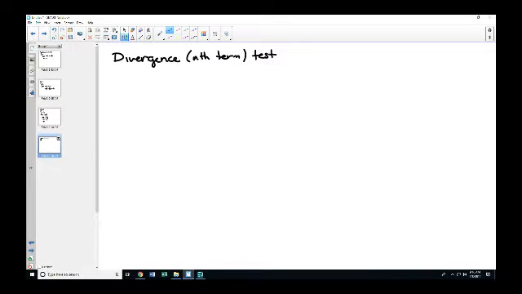All right, so it says if the nth term a sub n does not converge to 0. Does not converge.